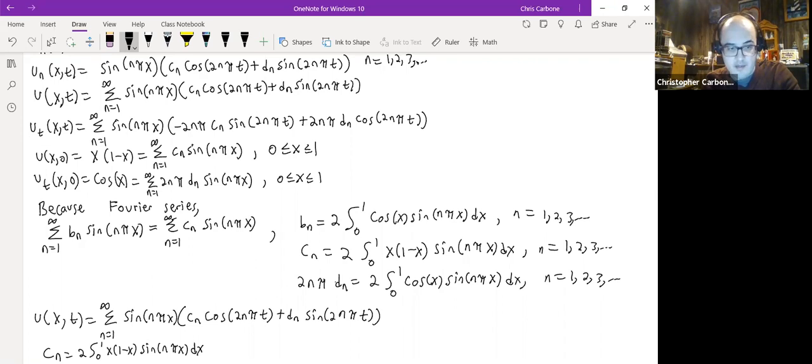And d sub n is equal to 1 over n times pi times the integral between 0 and 1 of cosine of x times sine of n pi x dx. And both of these are where n is equal to 1, 2, 3, and so on.